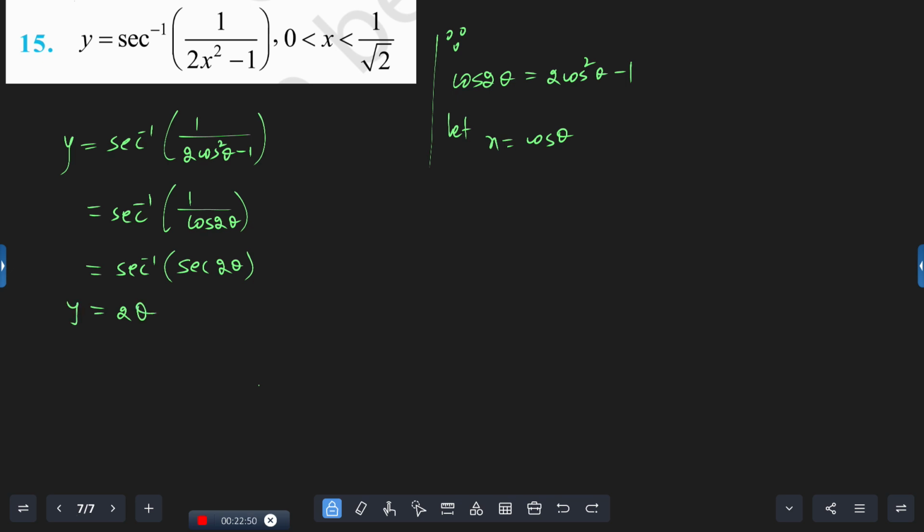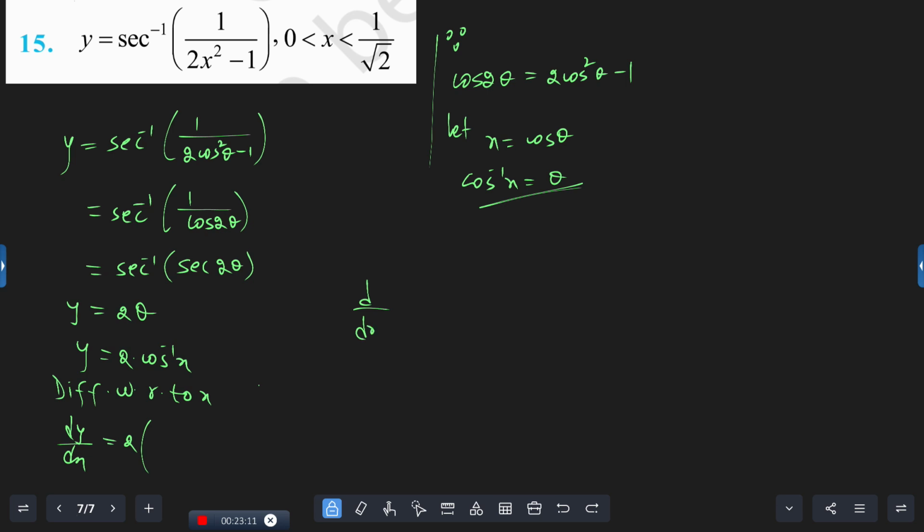Then what about theta? Cos inverse x is equal to theta. Apply here: y is equal to 2 times cos inverse x. Now differentiate with respect to x on both sides. So dy divided by dx, multiply 2. What do you think about the derivative of cos inverse?